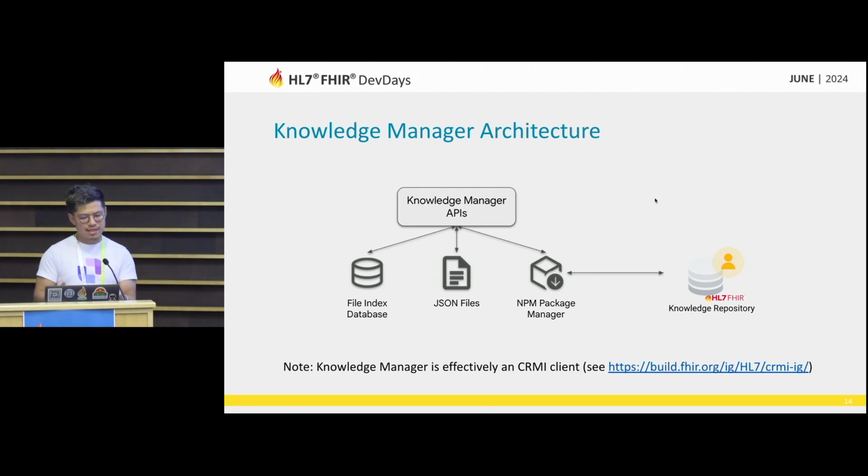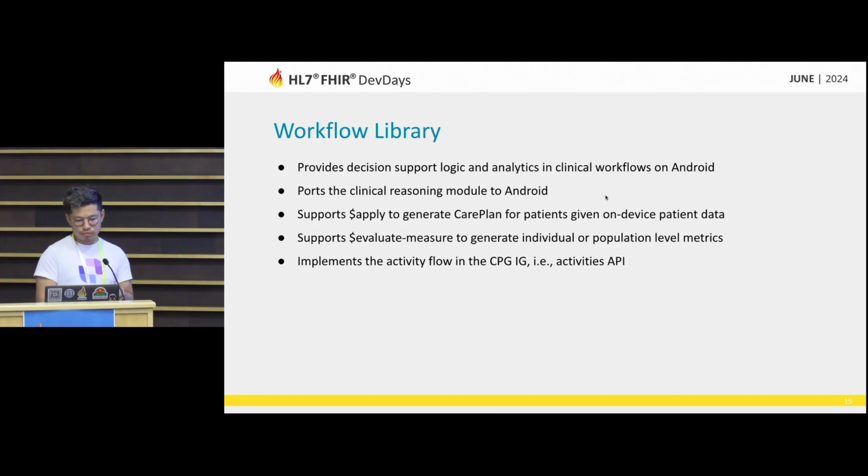So essentially, this is kind of like a CRMI client that talks with the knowledge repository and handles the storage and local processing of the knowledge resources or clinical guidelines.